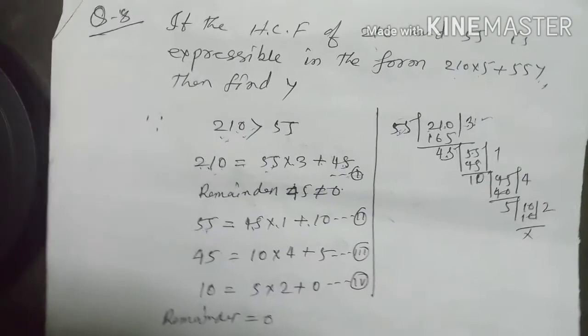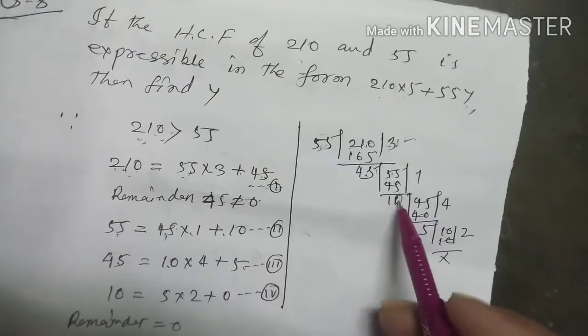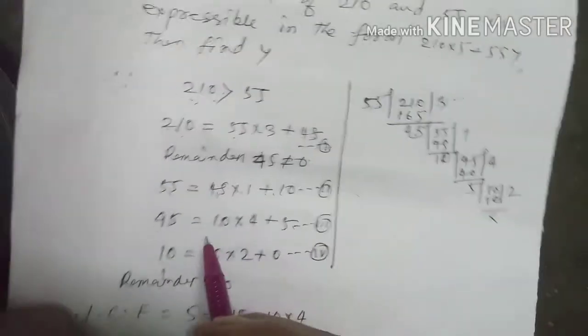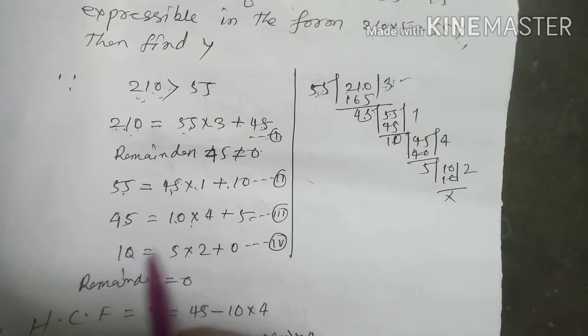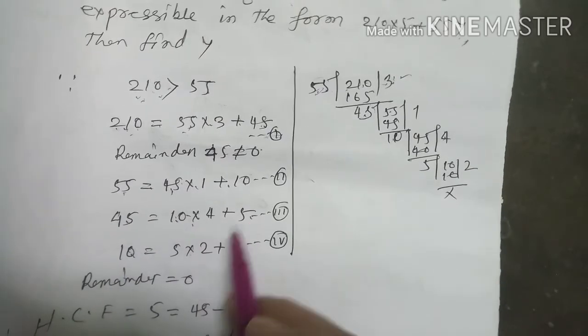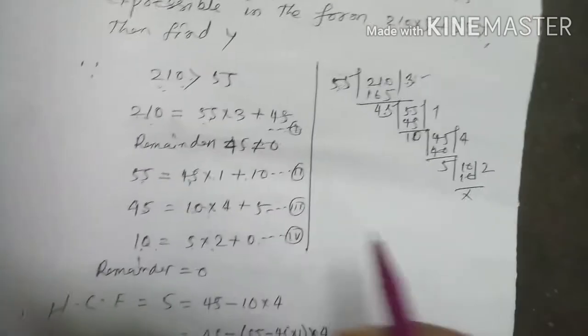This is equation 2. Then 45 equal to 10 into 4 plus 5. This is equation 3. Then 10 equal to 5 into 2 plus 0.